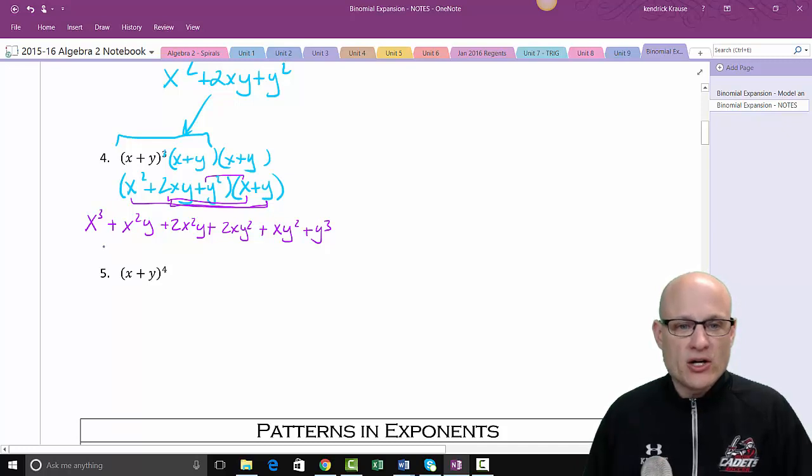Now when I clean all this up, I get x cubed plus 3x squared y plus 3xy squared plus y cubed.